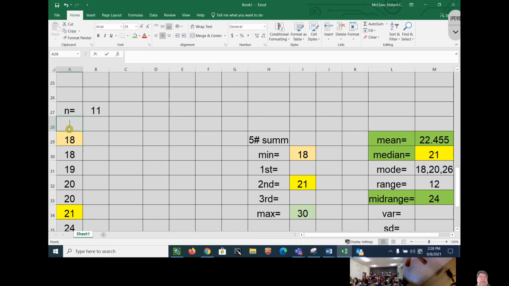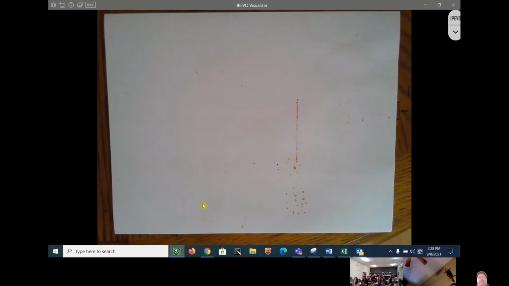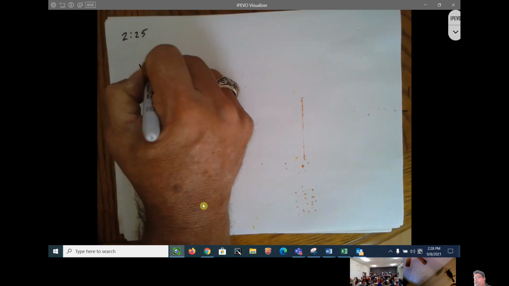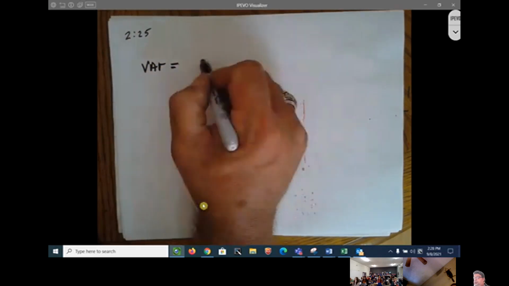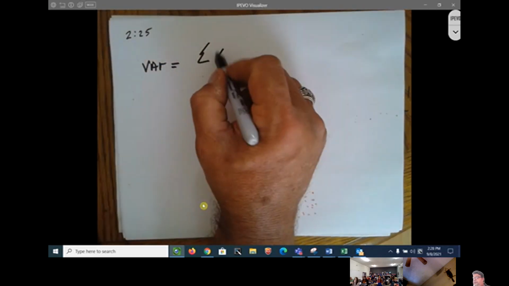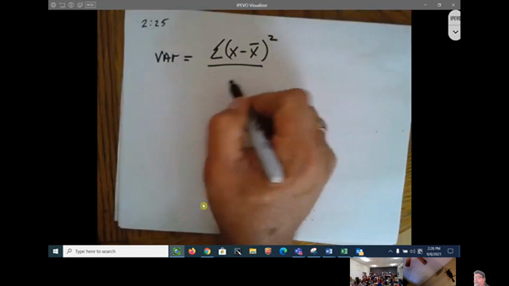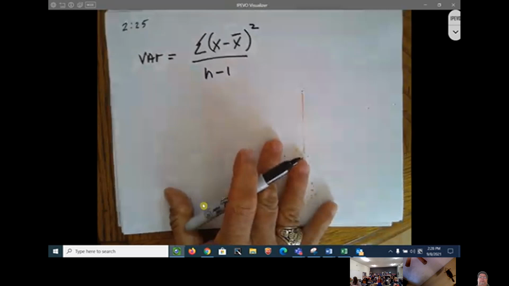Variance, this is x, so we need x minus x bar because if you didn't write it down, the variance is equal to the summation of x minus x bar, quantity squared, divided by n minus 1.